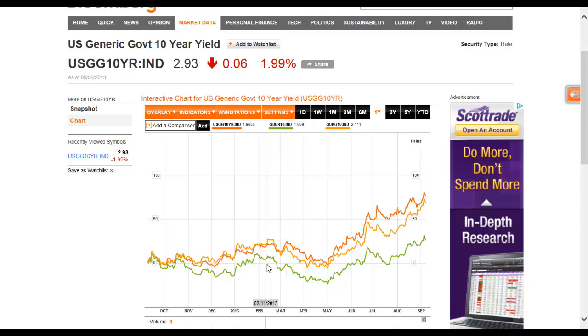Okay, and you can see it happening here at the beginning of the year where the green, the German 10-year, did not make a higher high, whereas the British UK yield did, and so did the American. So that was the shift when they started to move lower.